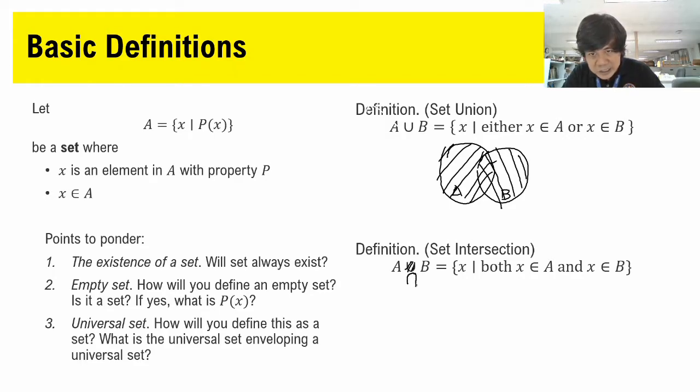This is the intersection of A and B. So the property that we are talking about, the intersection, has to do with X belonging to both A and B. So therefore, if we again go back to our diagram having the closed figures A and B, X must belong to A, and at the same time, it must also belong to B. So therefore, that area can be described by this shaded portion.